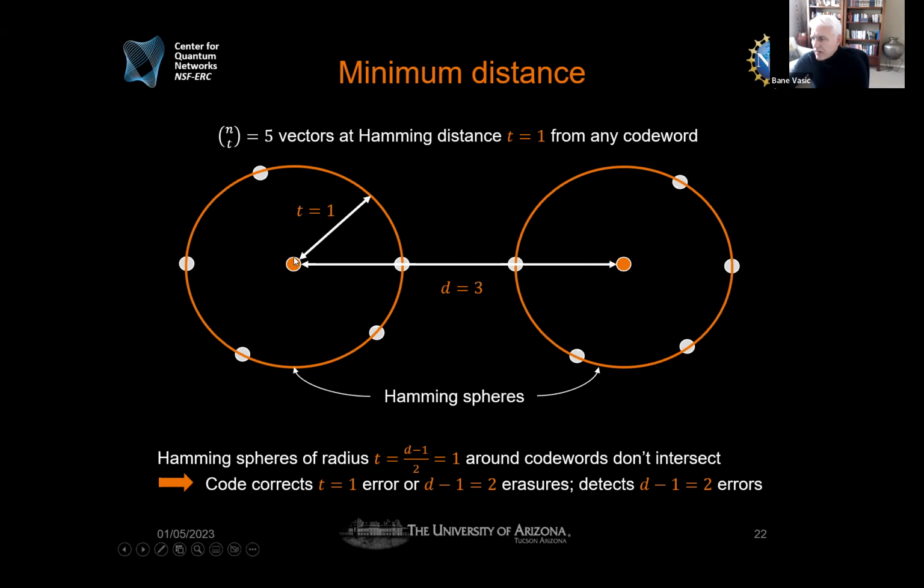If I transmit, let's say, this code word, but there are 2 errors and I receive this word, then obviously this word is closer to this code word than to this one, and it will be decoded incorrectly. So we have this rule for codes that will have a radius t around the code word. So we can obviously correct any single error.